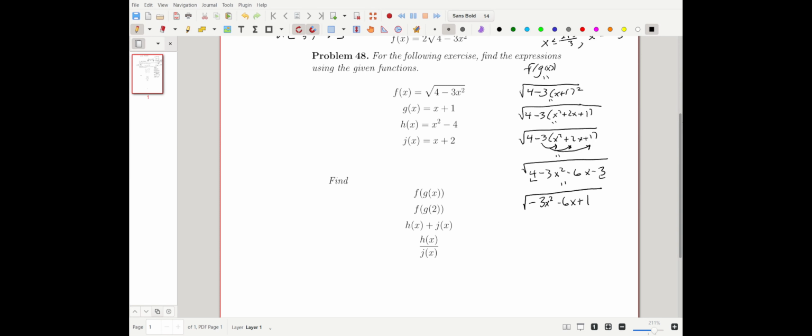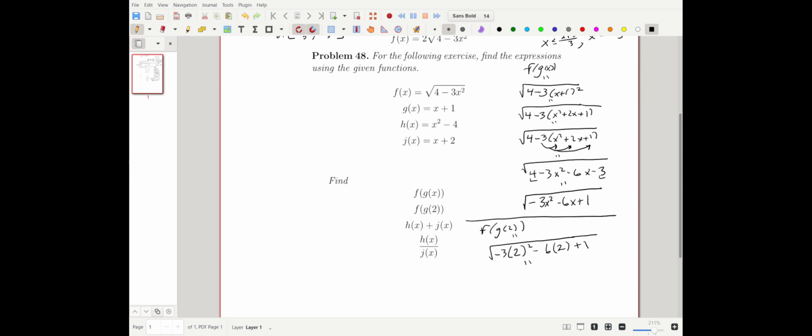And so f of g of 2 now basically is just telling us to evaluate the expression we found above when x is 2. So we have the square root of negative 3 times x squared minus 6 times x plus 1. And now instead of plugging x in here, we're just going to plug in 2 and do a little arithmetic and evaluate.